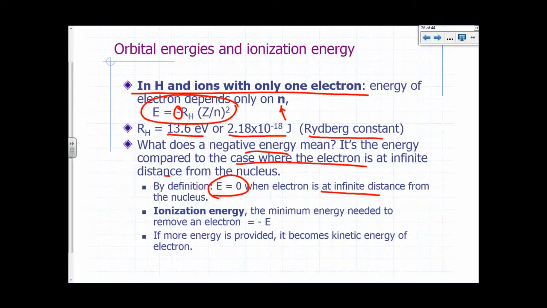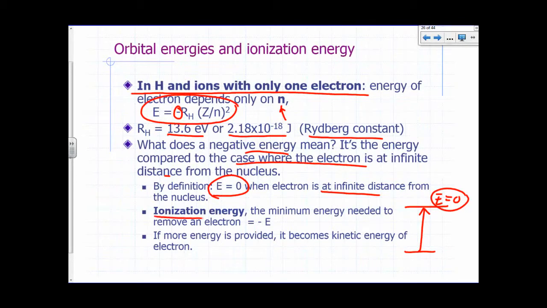Now, the ionization energy is the minimum energy you need to remove an electron. So if you want to go from whatever the energy is of the electron to energy equals zero, remember, energy equals zero means the electron is able to move as far away from the nucleus as possible. That's your ionization energy.